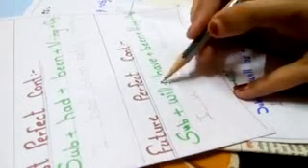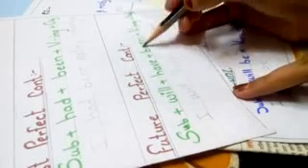Subject plus will plus have plus been plus verb with ing plus object. So my subject is I, will as it is, have as it is, been as it is, verb with ing is eating, object is mango. I will have been eating mango.